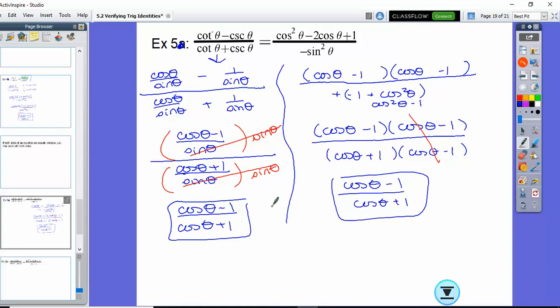How would we have continued the right side? You could take top and bottom times 1 over sine. I was just thinking sine, I didn't think 1 over sine. Yeah, if you want to get a sine in the denominator for each of those, then you would have had cosine over sine minus 1 over sine, and then that would have turned into your cotangent minus cosecant. I wasn't too far off on that. Nope, you weren't.